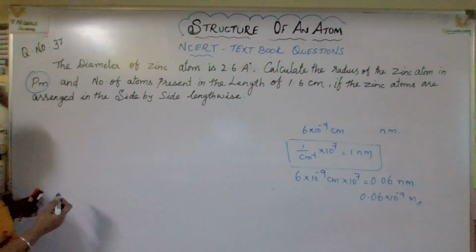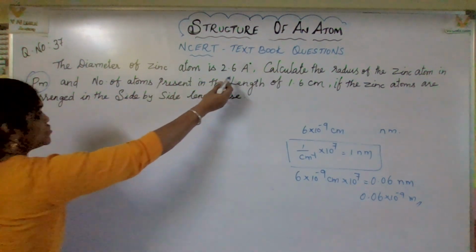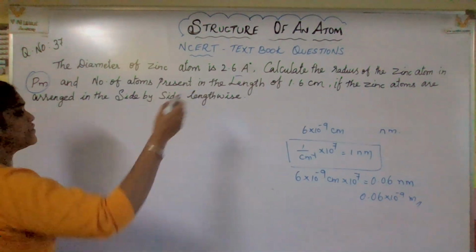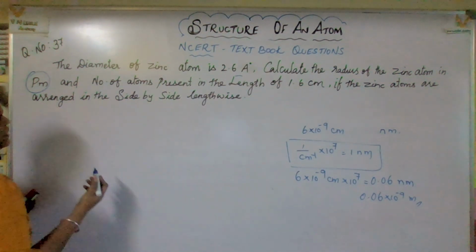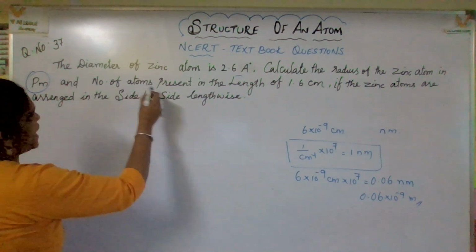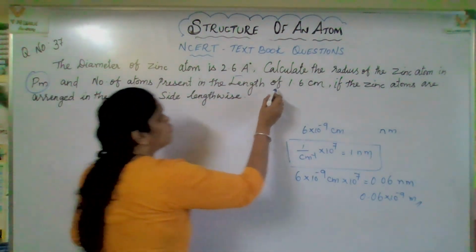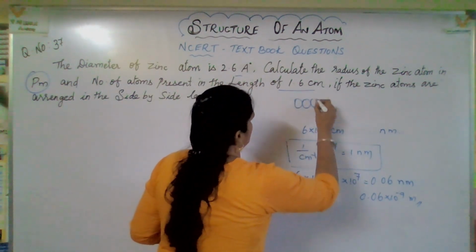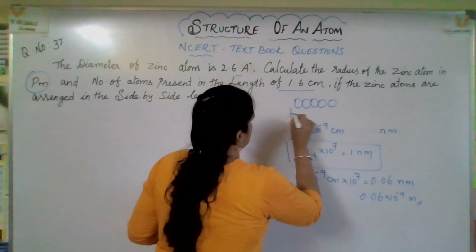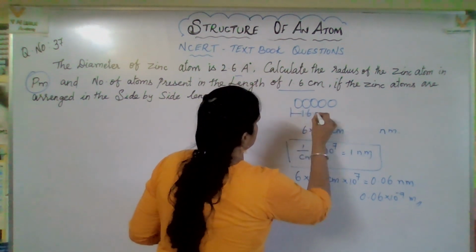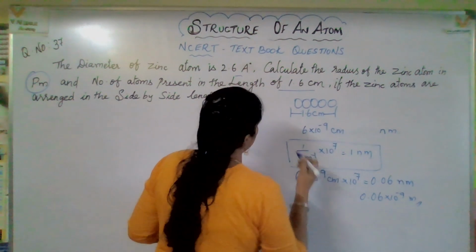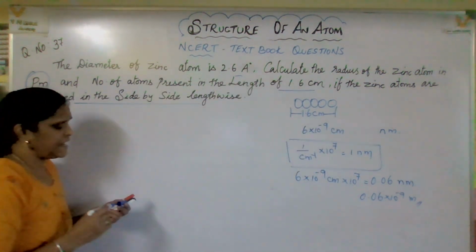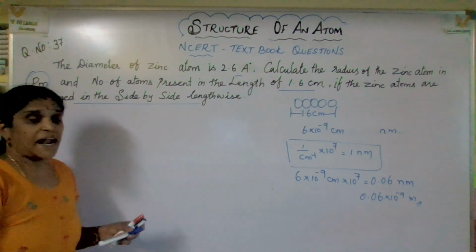We also need the number of atoms present in the length of 1.6 centimeter, if the zinc atoms are arranged side by side lengthwise. Yes, let us go and identify.